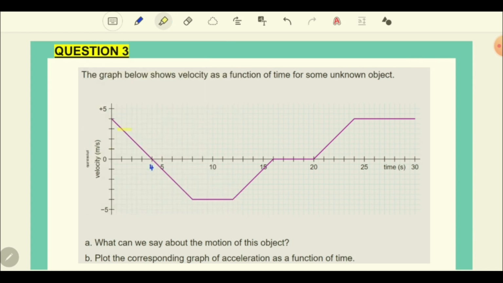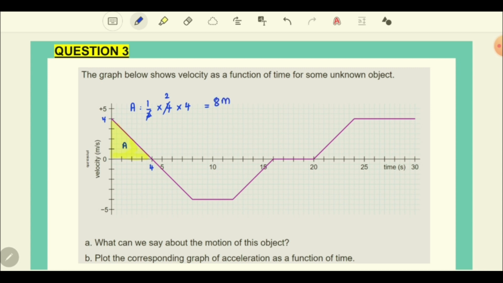We want to calculate what is the area under the graph for the yellow color here. So I want to name it as area A. So A is half times 4 the base and times 4, positive 4. So it's equal to 8 meter.